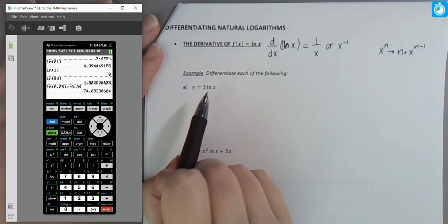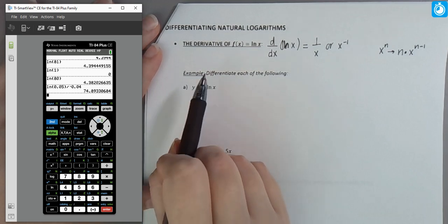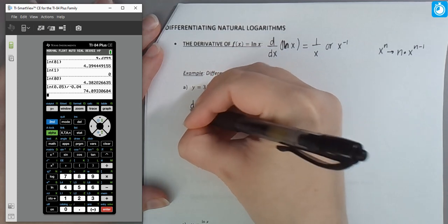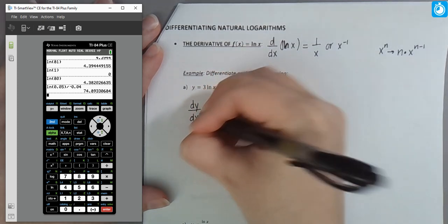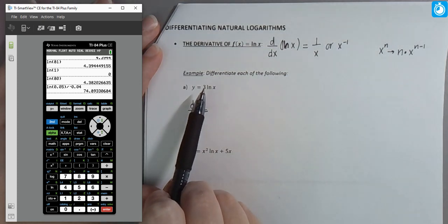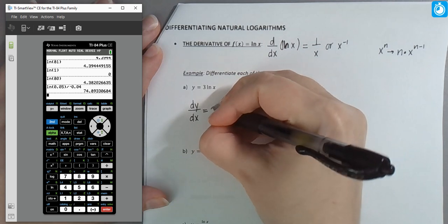So suppose our function is y is equal to 3 times the natural log of x. We want to differentiate this function. So the derivative of y with respect to x, we have a coefficient in front of our function. Okay, we know the coefficient doesn't affect the derivative, we just multiply it by the derivative.